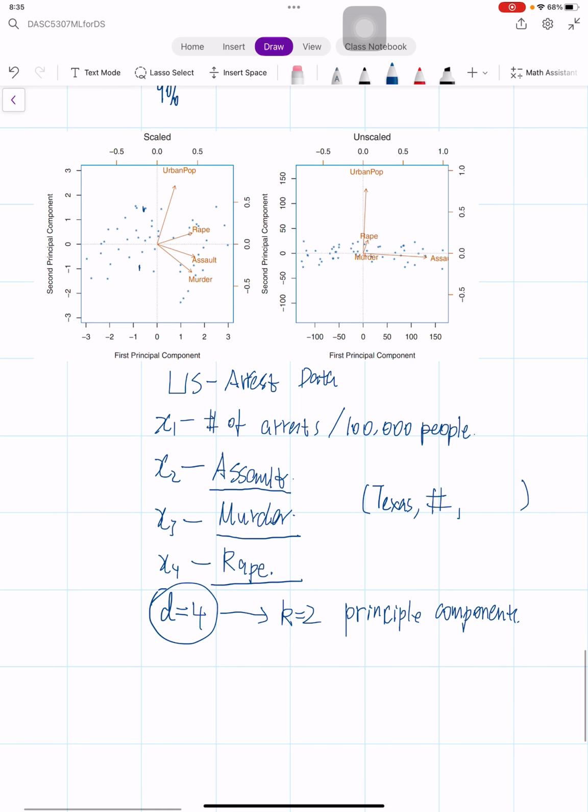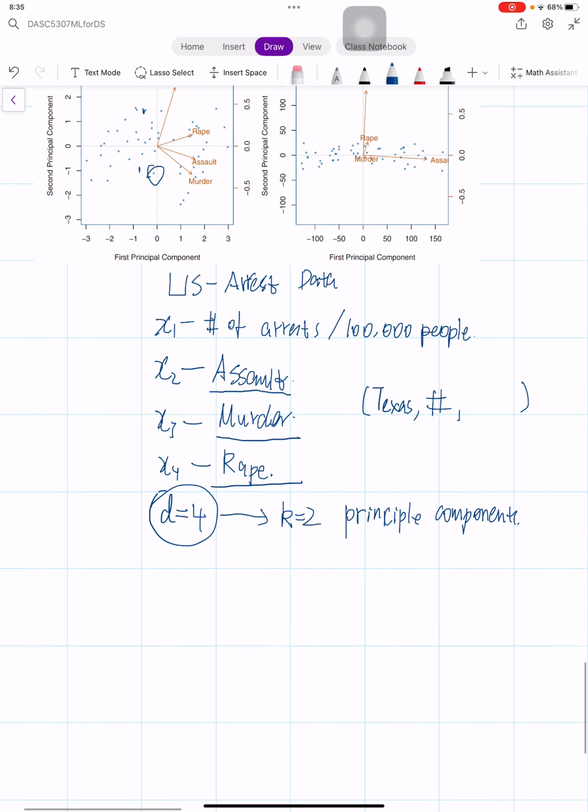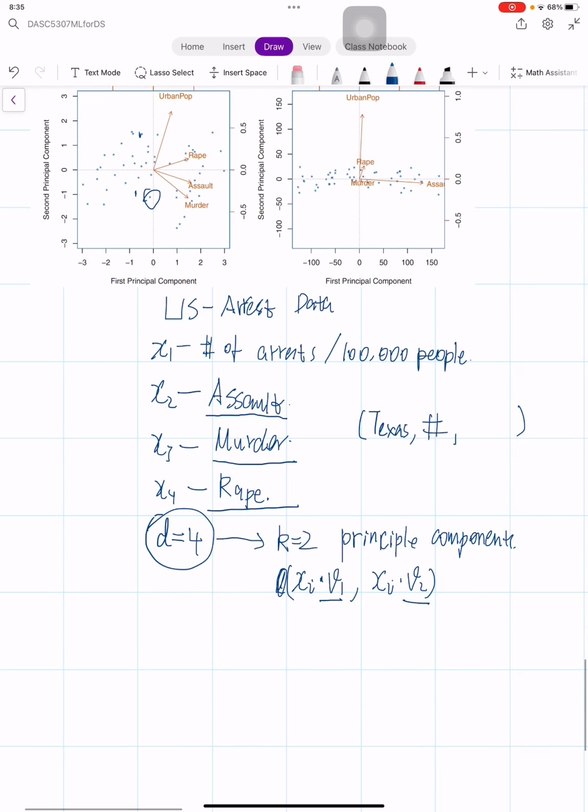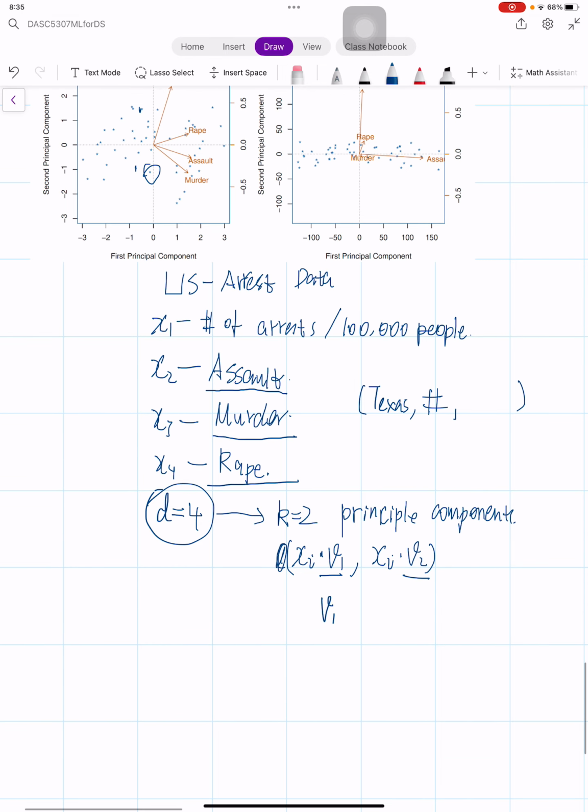Each data point here corresponds to xi times v1, and the second coordinate is xi times v2. v1 and v2 are eigenvectors obtained from the X transpose X matrix.